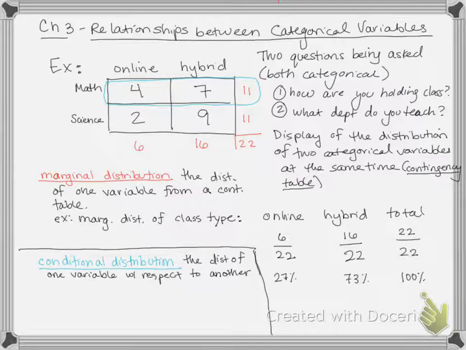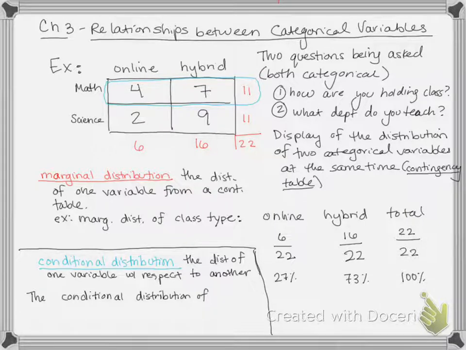So in this case, and I will go to the next slide to make sure this makes sense, I have circled the conditional distribution of, and then take a look at which categories are within the table that I've circled, and that's online and hybrid.